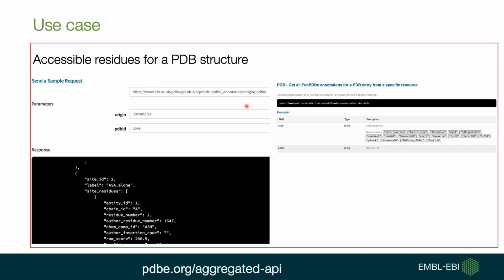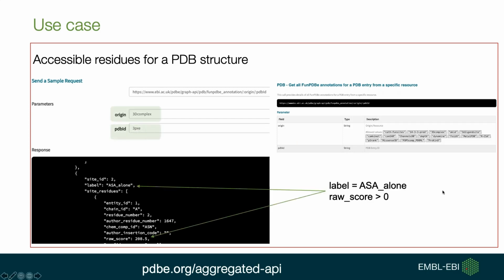So this is the full URL for it, and in the origin you can give the option called 3D-Complex and the PDB structure that you're looking for. And this gives you the result.